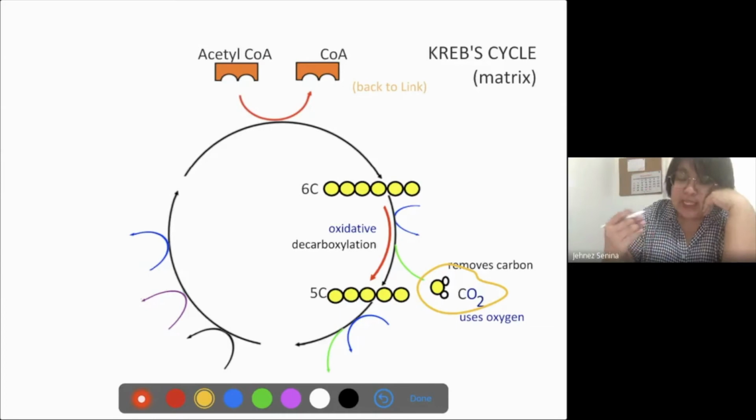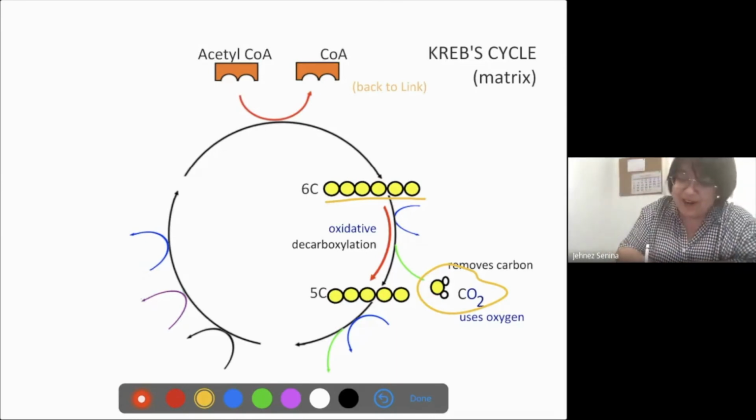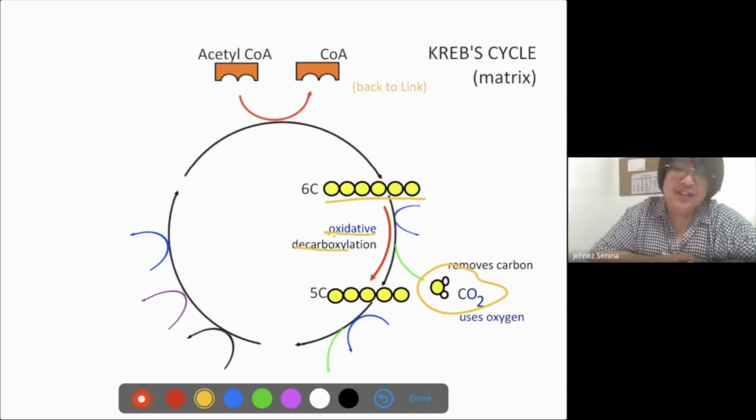In the presence of oxygen, decarboxylation, carbon plus oxygen will form carbon dioxide. At the same time, this 6-carbon molecule will undergo oxidative decarboxylation. That sounds familiar. We've learned what oxidative phosphorylation is. It just means it's oxidized and decarboxylated. So this 6-carbon molecule will undergo oxidation. What does that mean?